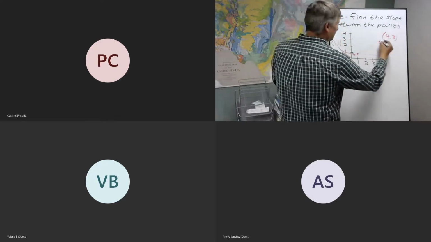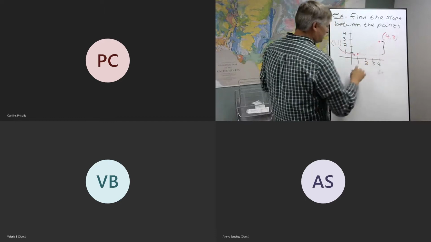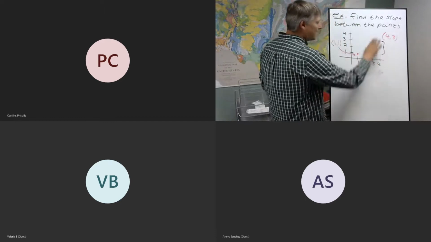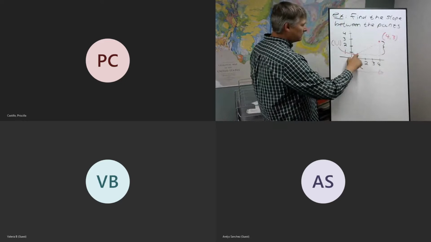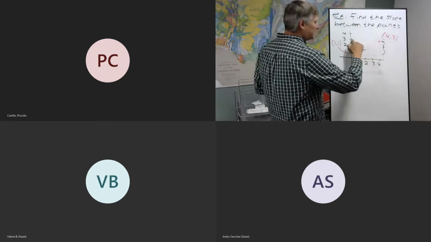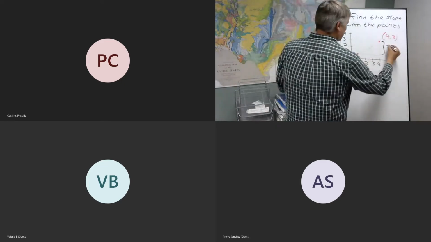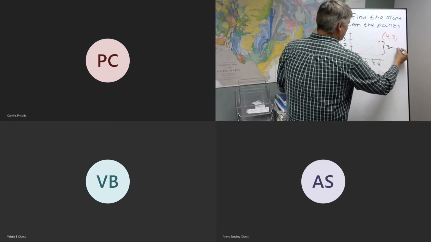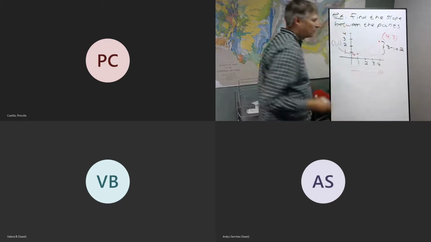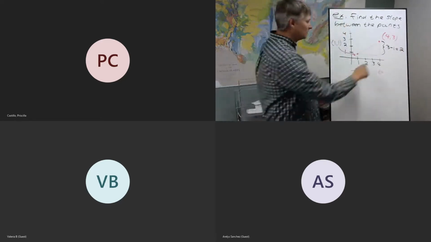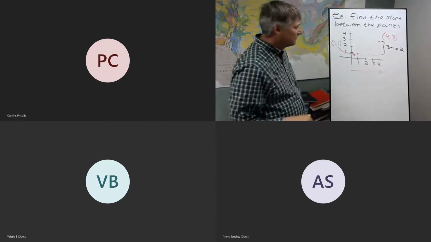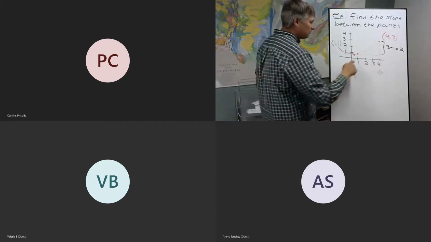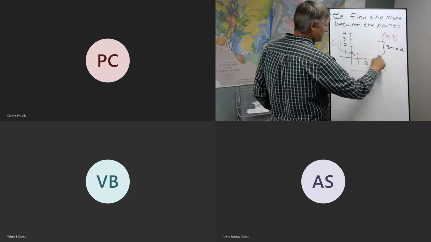Now here, as we go from left to right, we're rising up. So we start at 1, and we rise up to 3. So we get 3 minus 1, or a vertical rise of 2, from a height of 1 to a height of 3. As for our run, we're starting at 1 and we're running to 4.